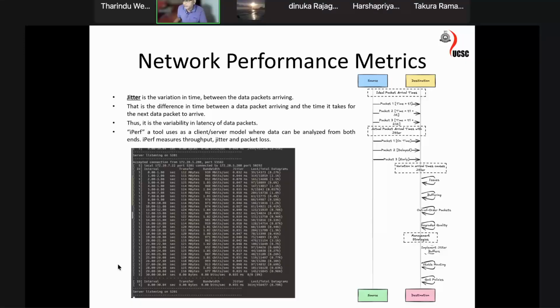For example, the first packet reaches at, let's say, 100 milliseconds, then the second packet reaches after 500 milliseconds, then it is affecting the applications heavily. So the difference in delay between different packets within a packet flow is quite useful to measure when we are troubleshooting related to real-time applications.